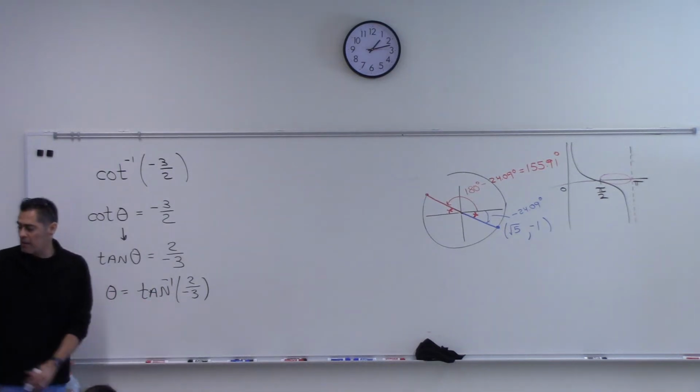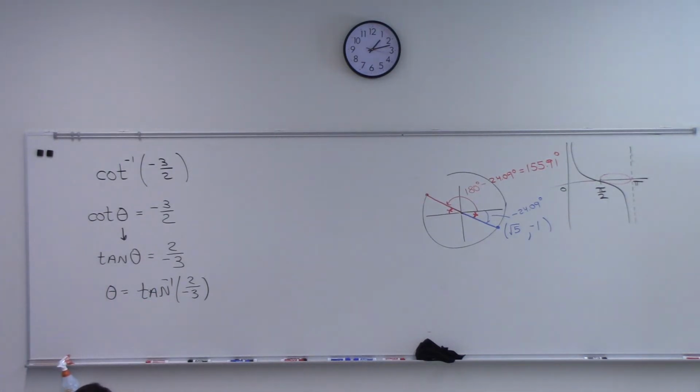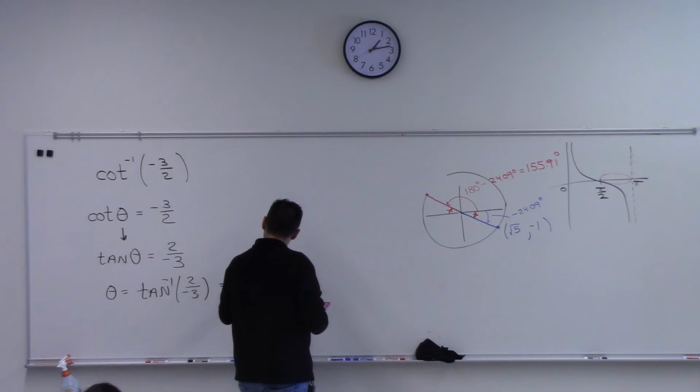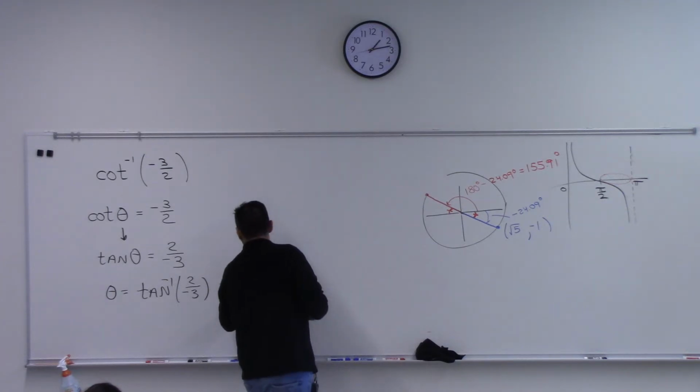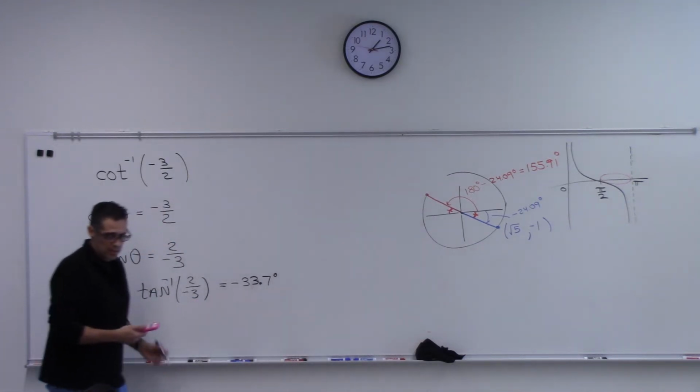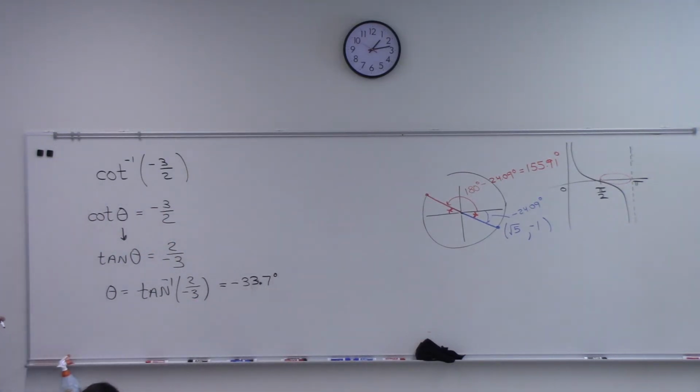So when you do that in your calculator, let's do it in degrees. Tangent inverse. My calculator's having issues. Negative 33.7 degrees is what the angle should be.